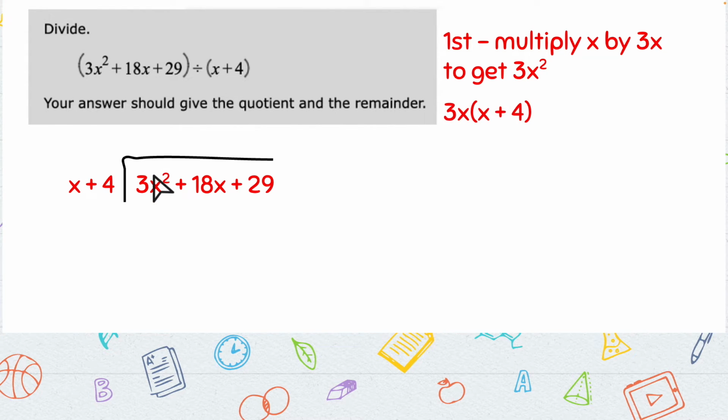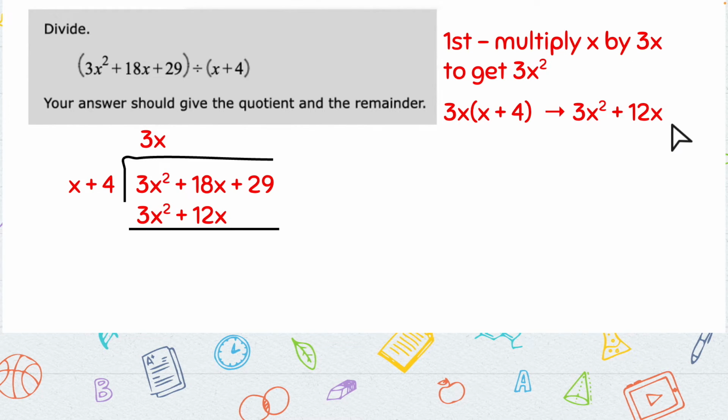So 3x squared times x plus 4, so I'm just showing you over here before I start completing it over here, because I have to do 3x times each one of these pieces. So 3x times x is 3x squared, 3x times 4 is the 12x. So now I can put this 3x up here, and I can write my multiplication for the polynomial there. And then I'm subtracting straight down.